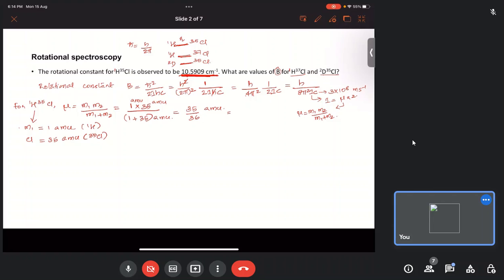So this is 35 divided by 36, and 1 AMU is equal to 1.67 into 10 to the power minus 27 kilograms.